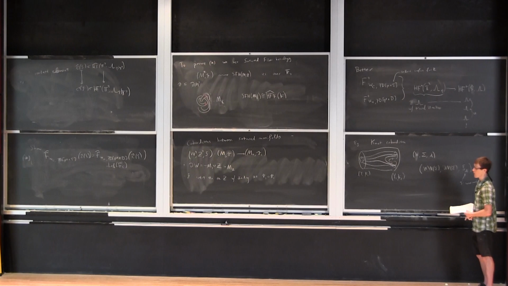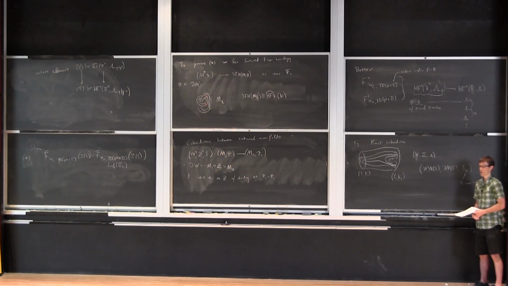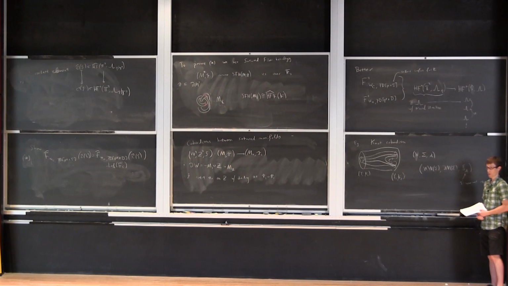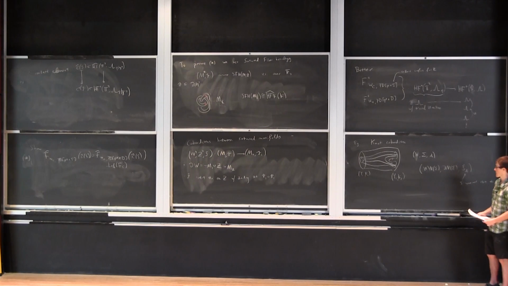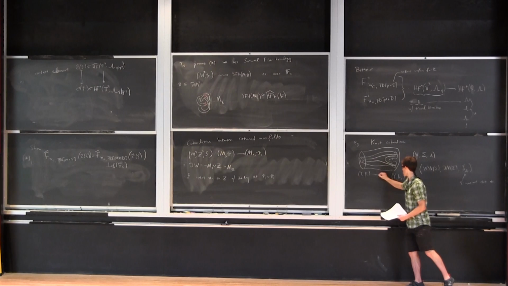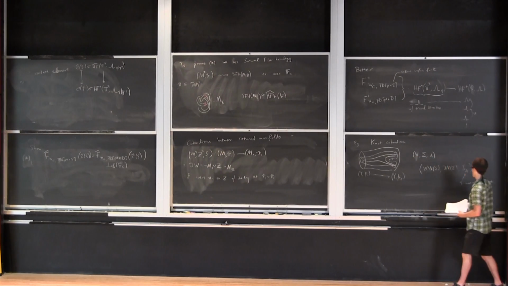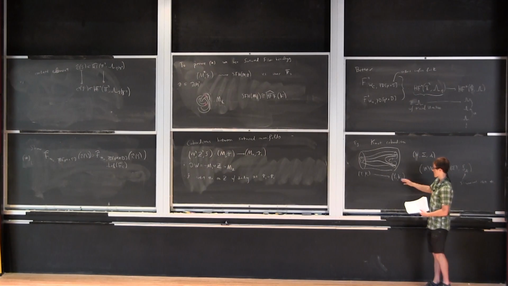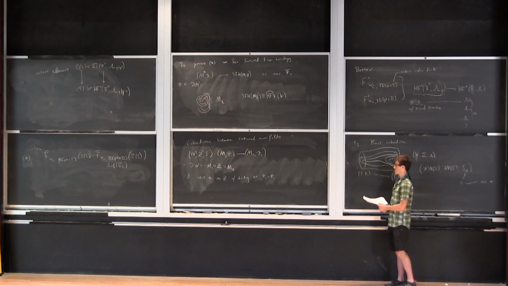Okay. So the concordance maps that I talked about earlier are examples of this. You can define them this way. I kind of suppressed it, but these are also cobordisms between decorated knots.